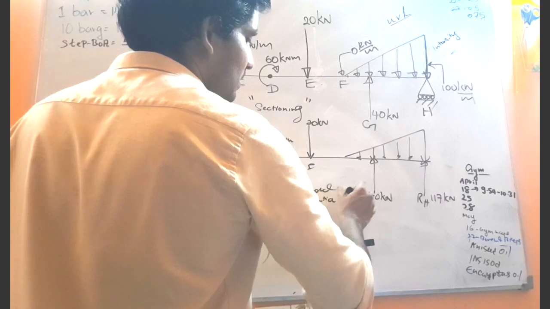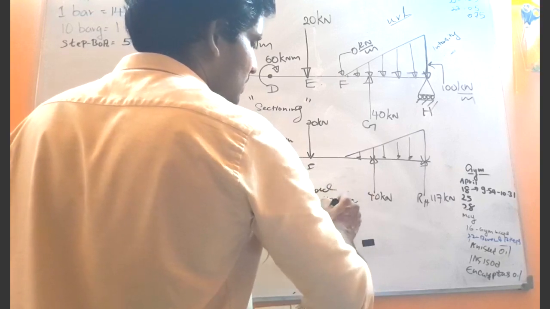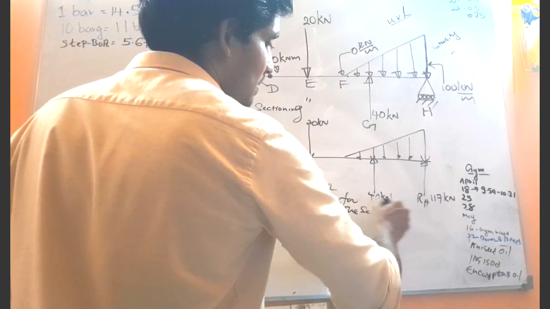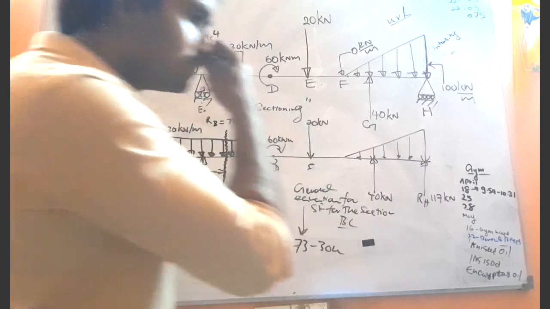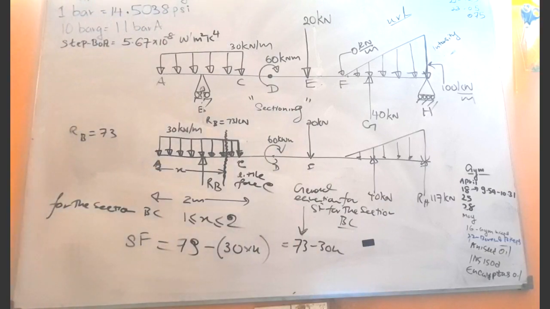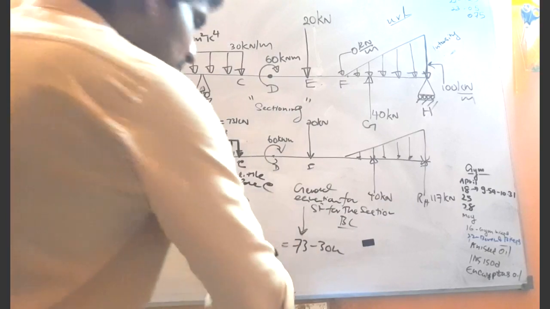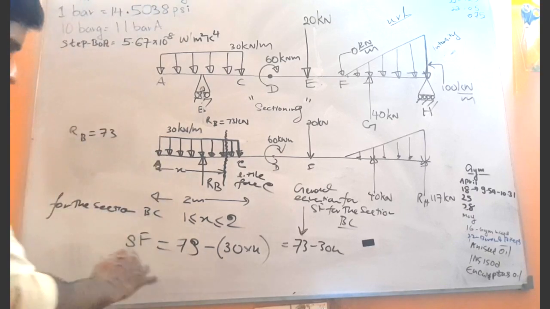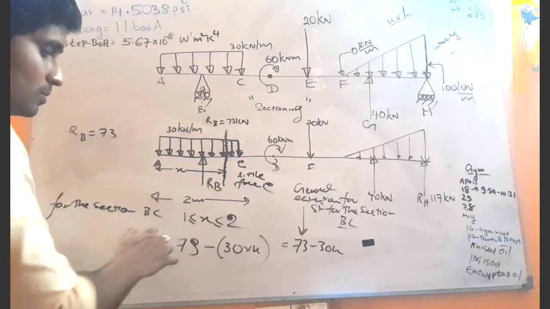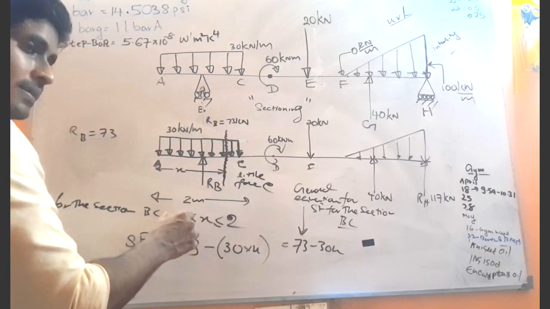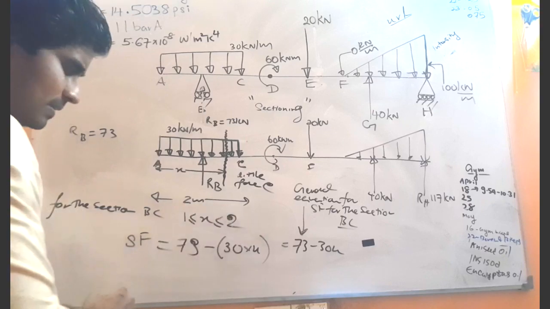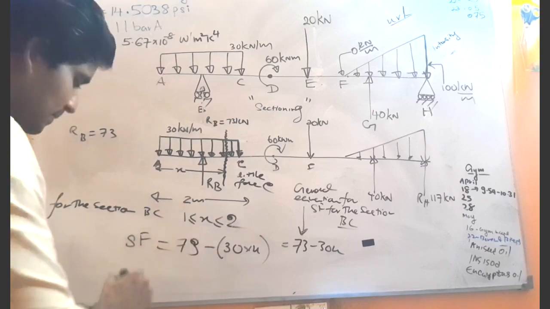equation for shear force for the section BC, right? Okay, it's very easy, right? 73 minus 30x. Is that correct? Yeah, 73 minus 30x, right? So now we have to put in the lower limit value and the upper limit value, right? So this is the procedure, right?